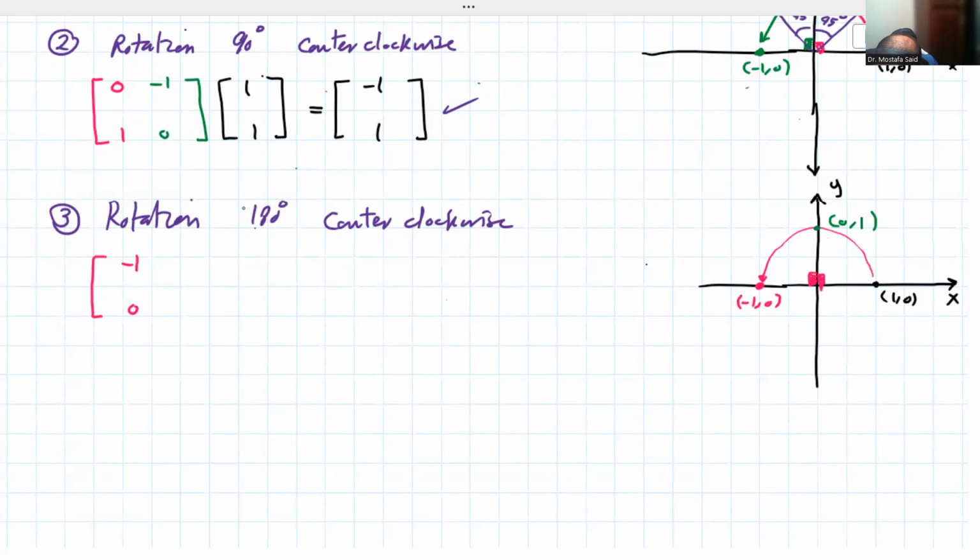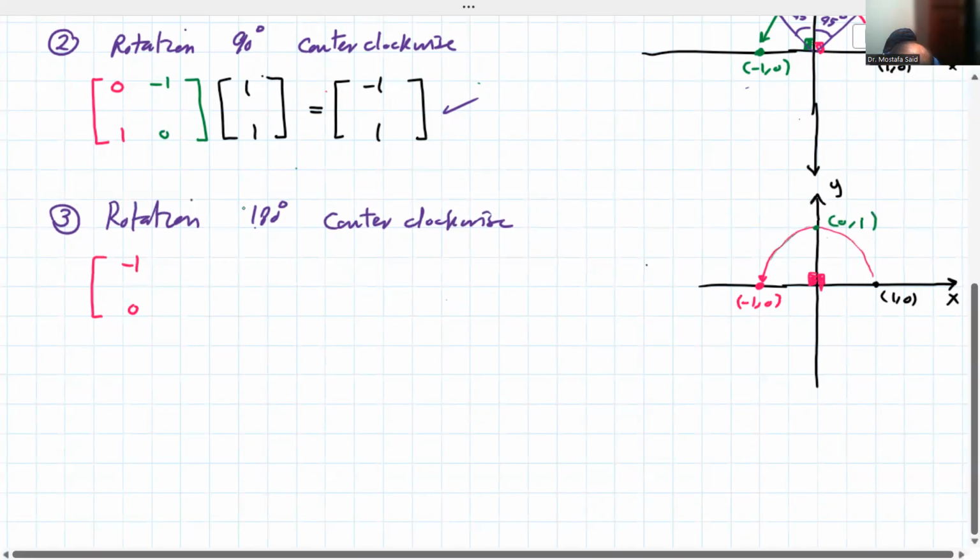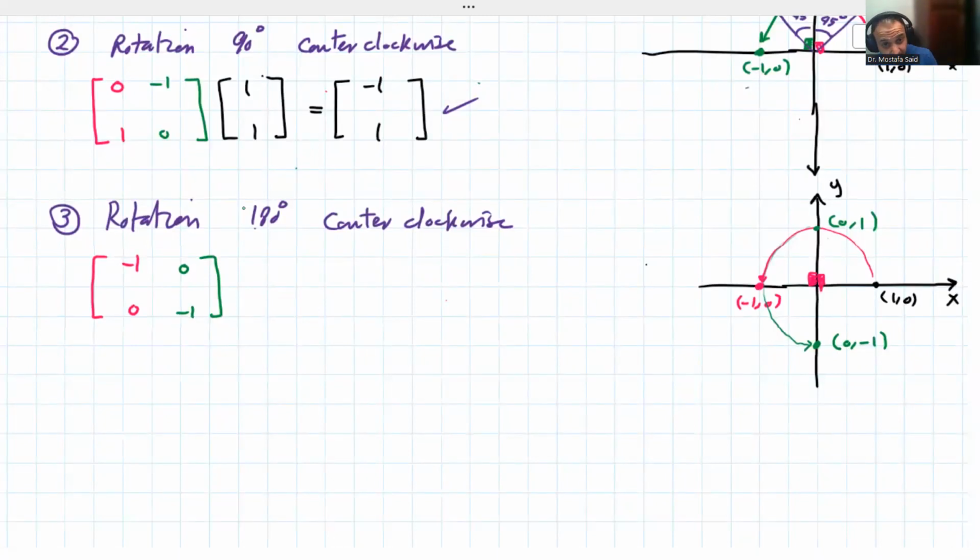So we're going to move like that, and we ended up here. That's very good. What is that one here? This is 0 and -1. 0 and -1.